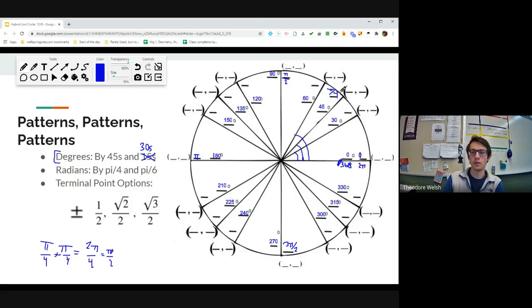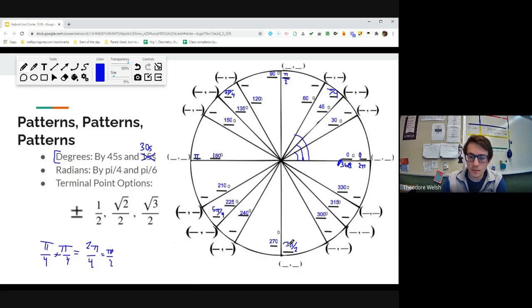But we have 0 pi over 4 plus 1 pi over 4. Another pi over 4 is 2 pi over 4. Another pi over 4 is 3 pi over 4. Plus pi over 4 is 4 pi over 4, or just pi. Plus pi over 4 is 5 pi over 4.